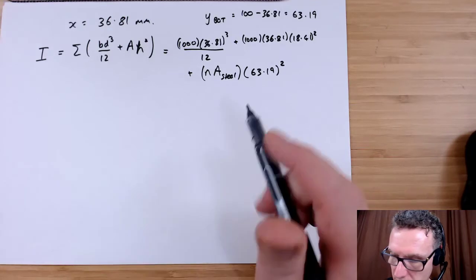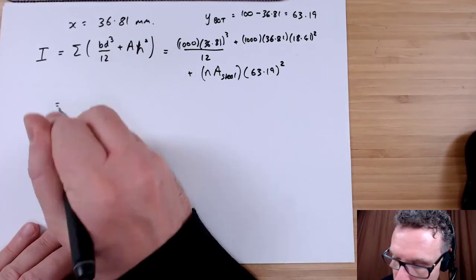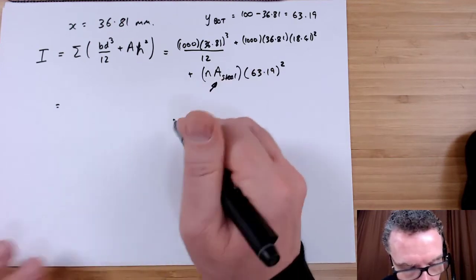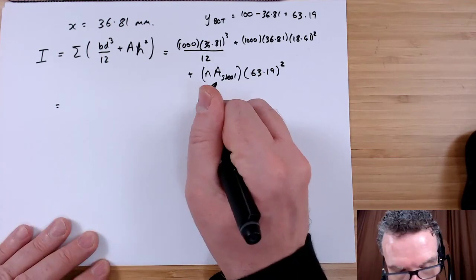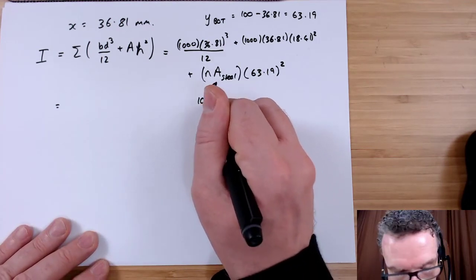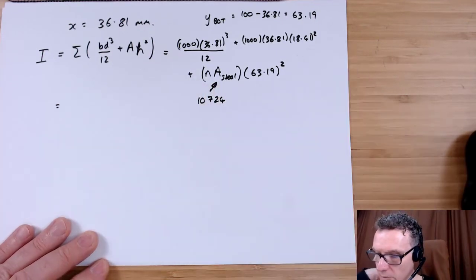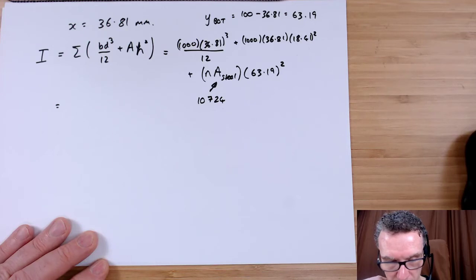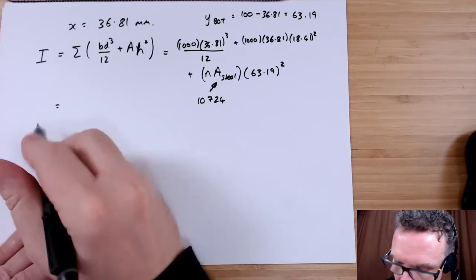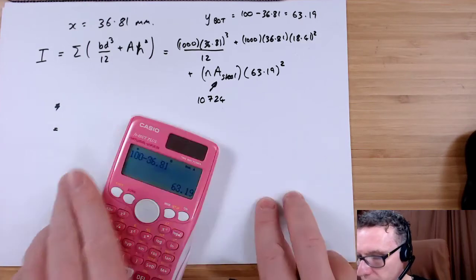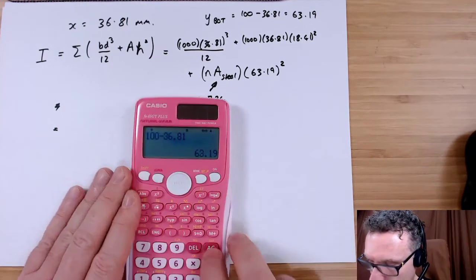So that is altogether, this is going to be 10,724. So we're working in millimeters here. Right. So let's stick that all in the calculator and find the second moment of area.